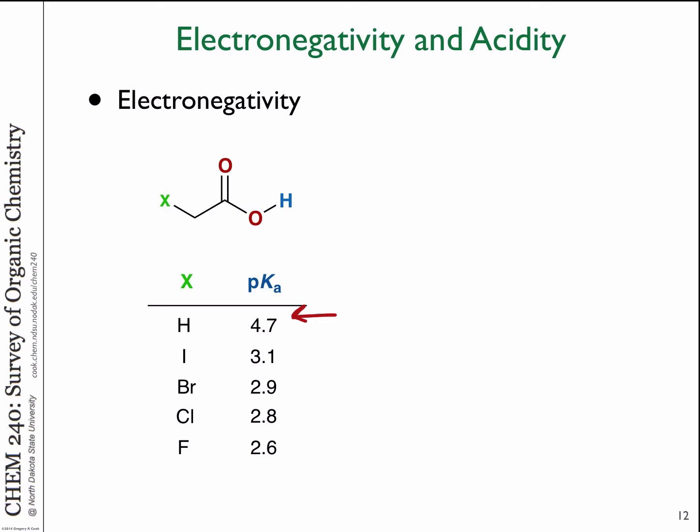As you substitute a hydrogen for more and more electronegative atoms, and if you just look at the halogen series, for example, you put iodine there in place of one of the hydrogens, it becomes a little bit more acidic. Bromine, even a little more acidic. And fluorine, it's the most acidic of this series. Right? So how do you explain that?